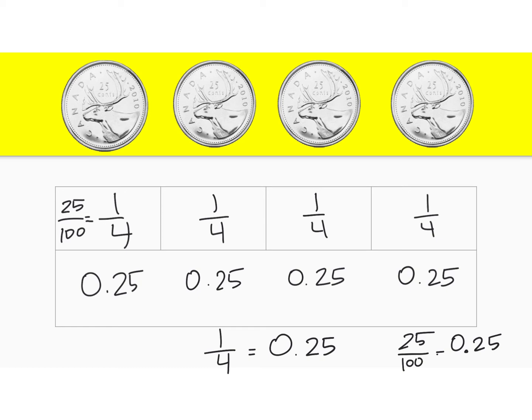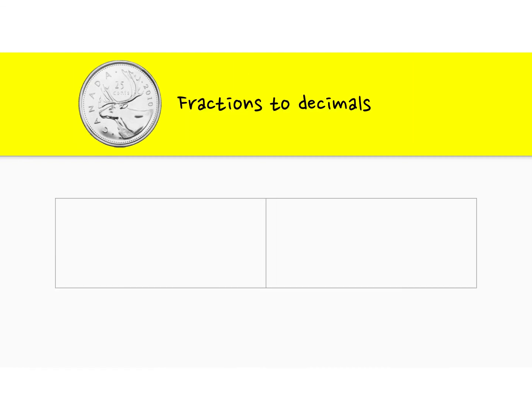That's easier to see, but in your head, if you think about using the word 1/4 here, it's easy to remember that 1/4, or 1 out of 4, is equal to 0.25. Now, if we're looking at fractions to decimals, if we write it as a fraction, 1/4, just to simplify things, is equal to 0.25.